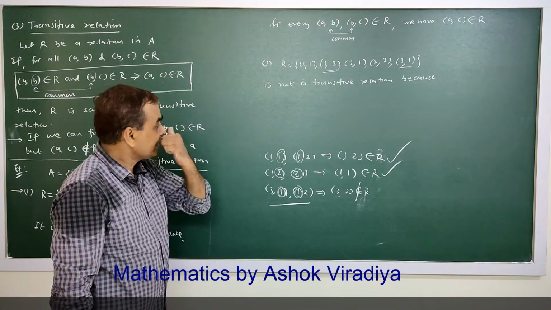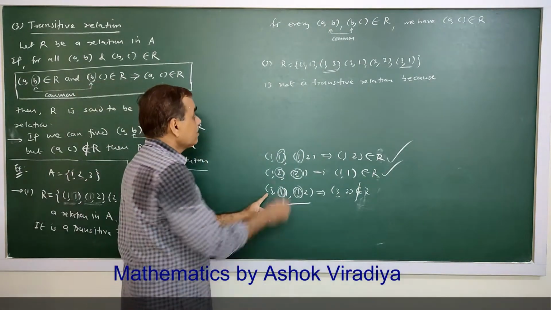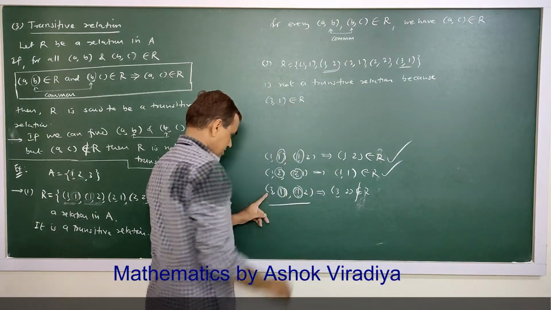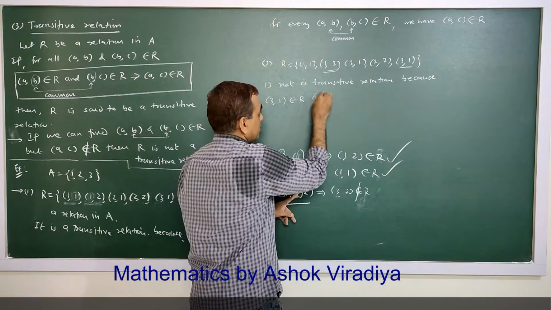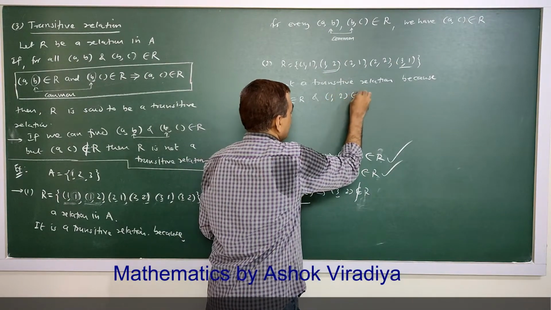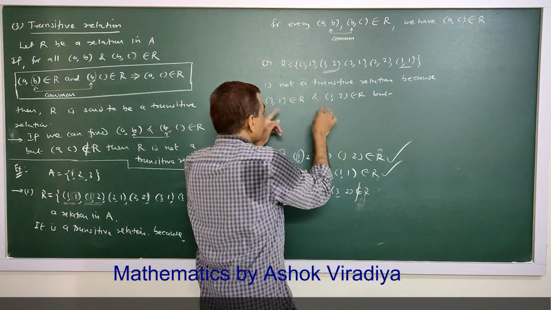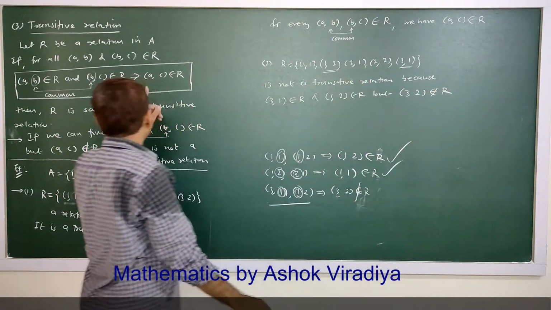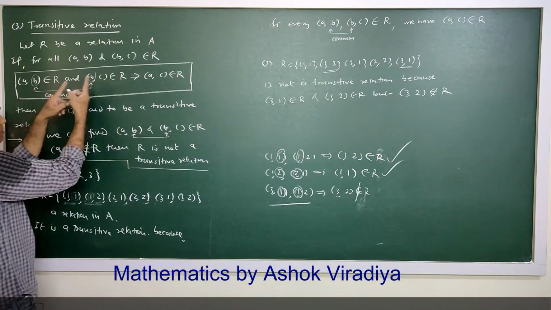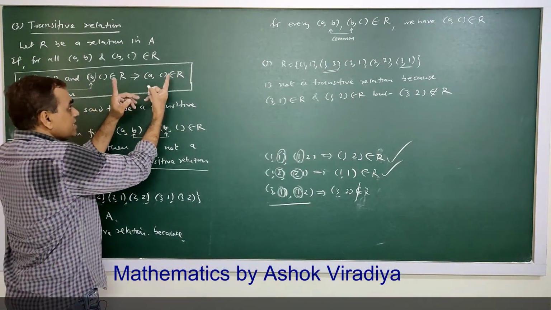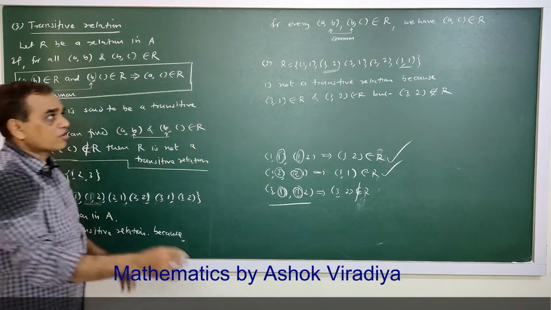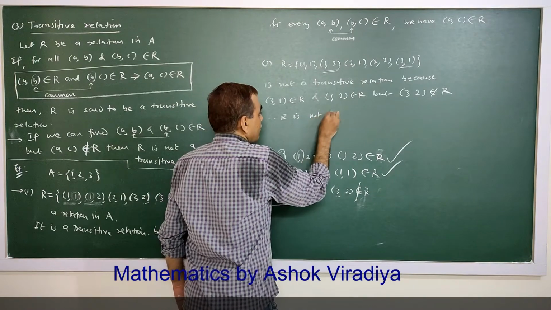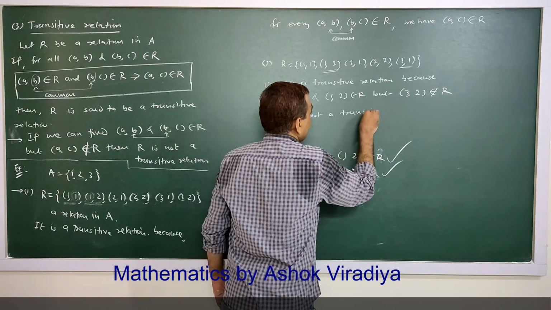The reason is that (3, 1) belongs to R and (1, 2) belongs to R, but (3, 2) does not belong to R. So AB belongs to R, BC belongs to R, but AC does not belong to R. Therefore R is not a transitive relation.